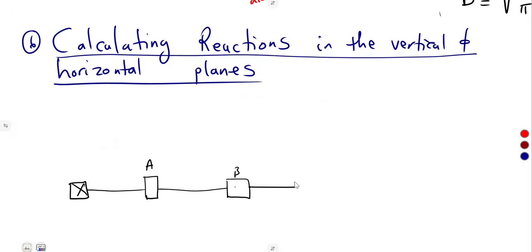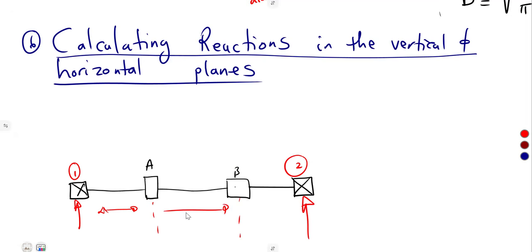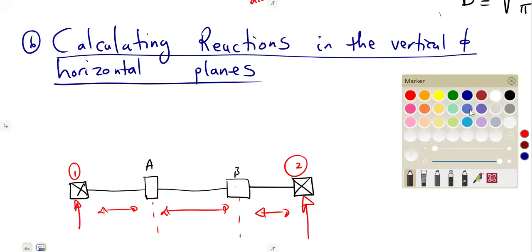Then to the end, there is a bearing. So these are bearings one and two. They will be your supports. So given whatever distance from one to another, we can calculate the reactions.